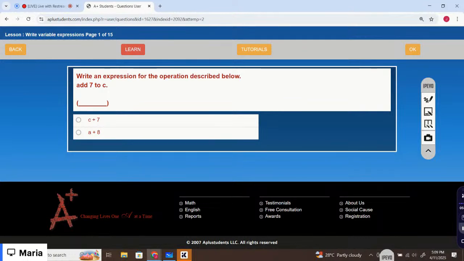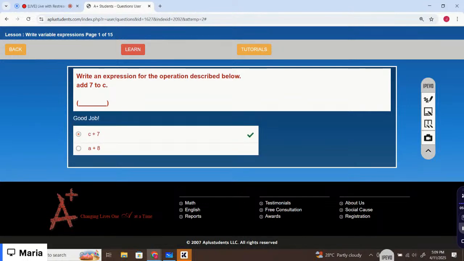Add 7 plus 3. That is C plus 7. Option number 1 is the correct option.